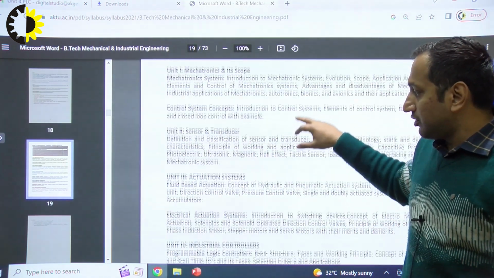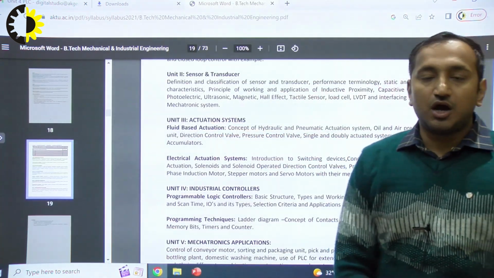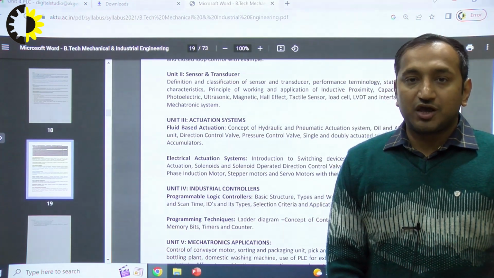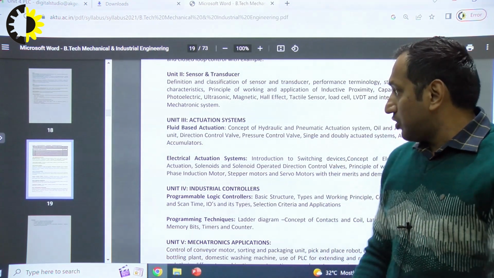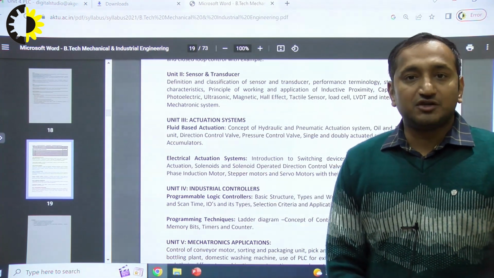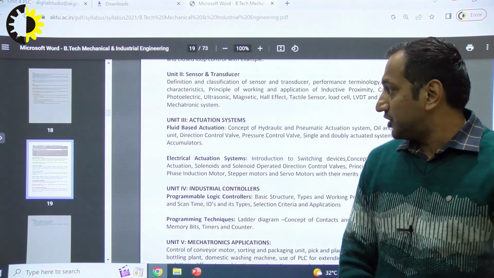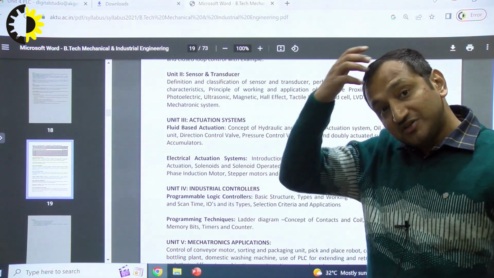In third unit, we discussed the actuation system. Actuation system means output devices, which give us some kind of output. Output devices are further divided into types according to our syllabus, in which we discuss fluid based actuation and electrical based actuation.